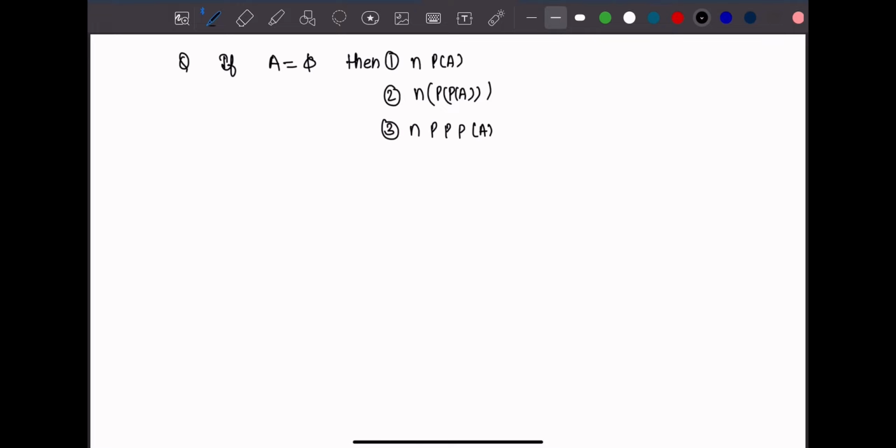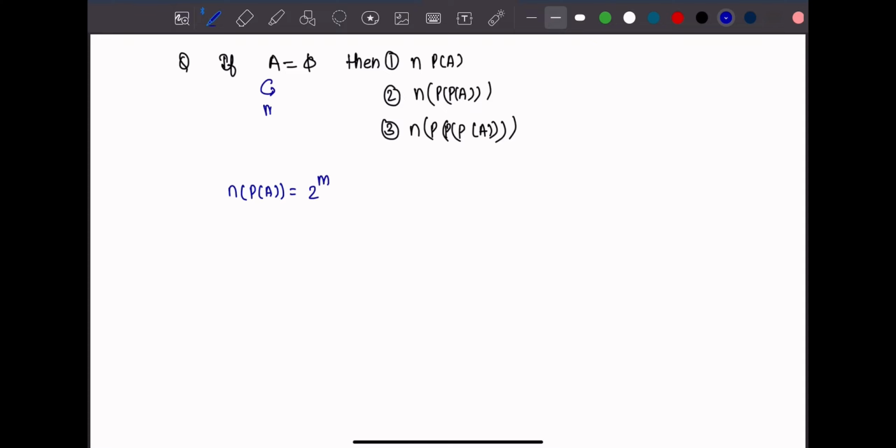ओके, क्वेश्चन है कि इफ set A is equal to 5, then number of elements in power set of A, first one, then one, number of elements in power set of A. Okay, and third one, number of elements in power set of A. Okay, if I'm going with first one, वहां पे number of elements in power set of A. The number of elements in power set of A is what? that is 2 power m.